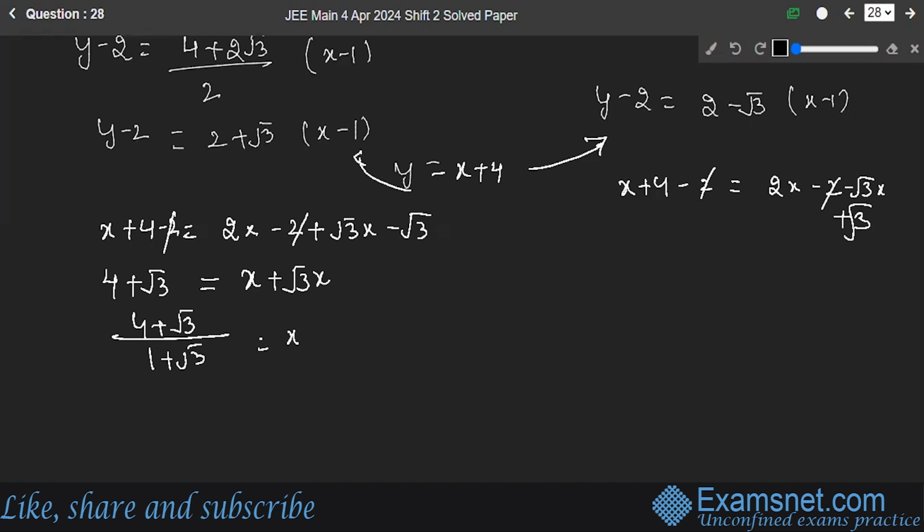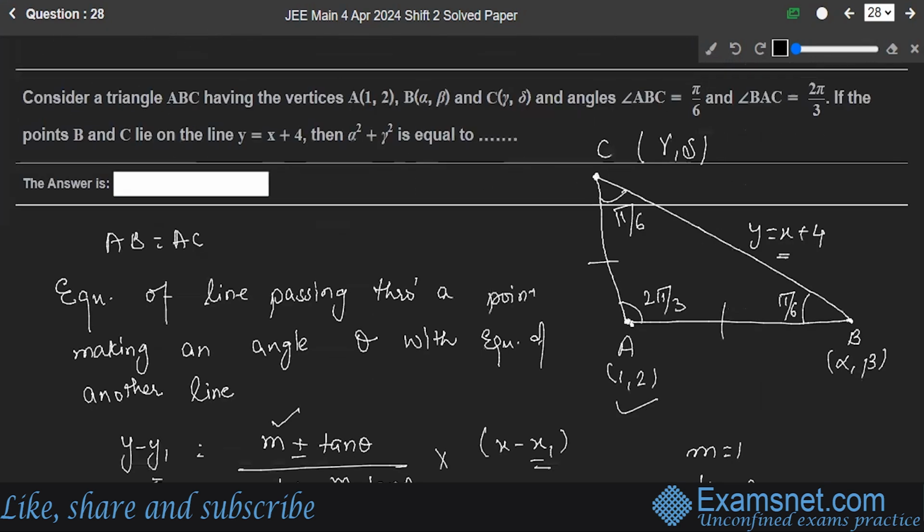You will have 4 minus root 3 is equal to x minus this, or you will have 4 minus root 3 upon 1 minus root 3. This is the value for x, right? What we had to find out was alpha square plus gamma square.